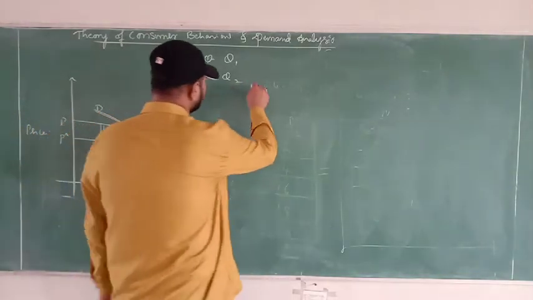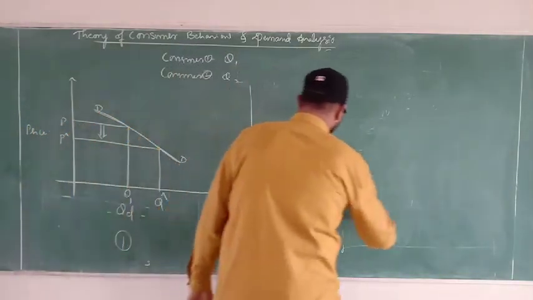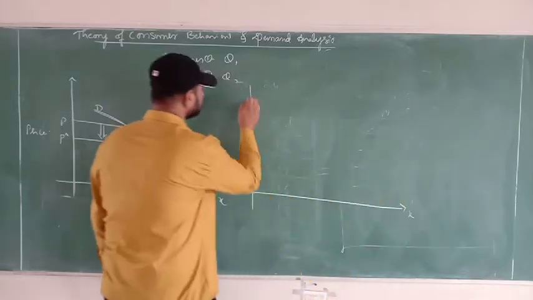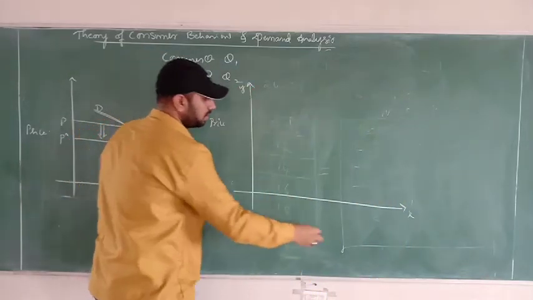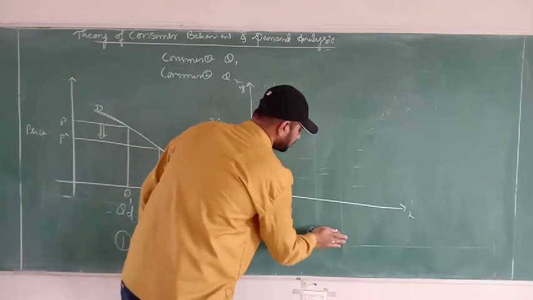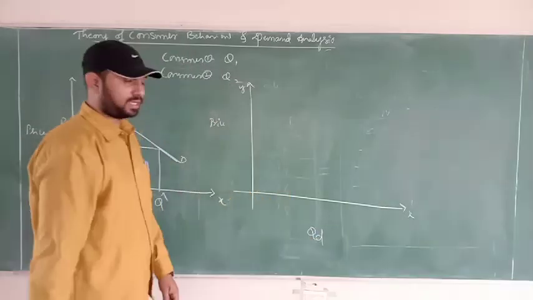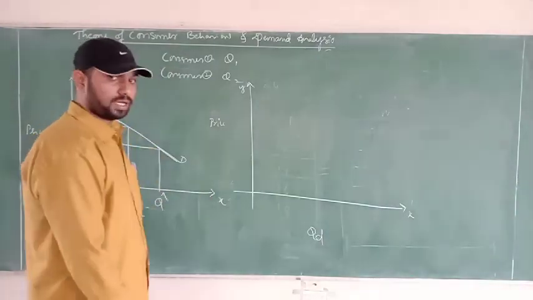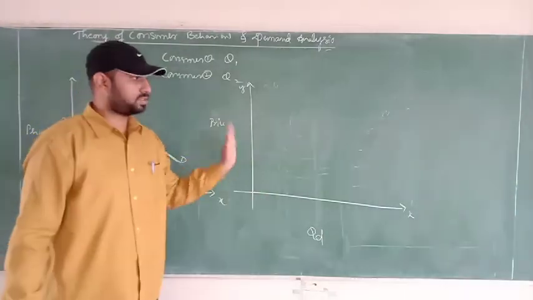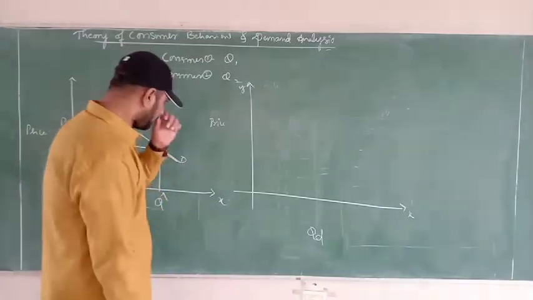Then if you go by consumer 2, we represent the points like this. On the y axis we represent price, on the x axis quantity demanded. So you can represent the previous schedule over here, like consumer 1 and consumer 2 derive the same demand.